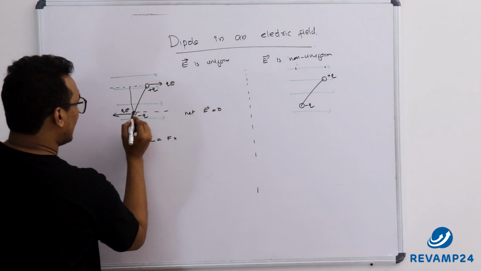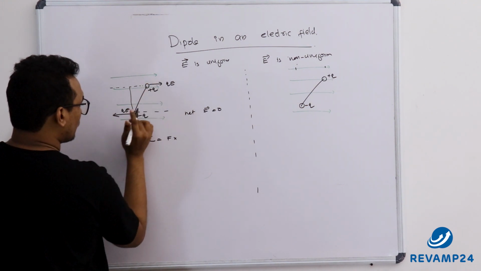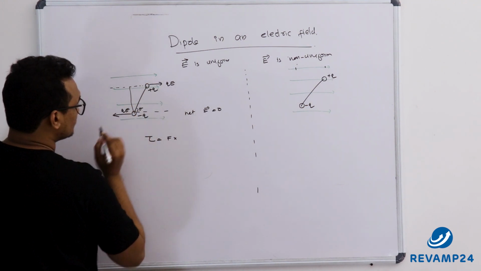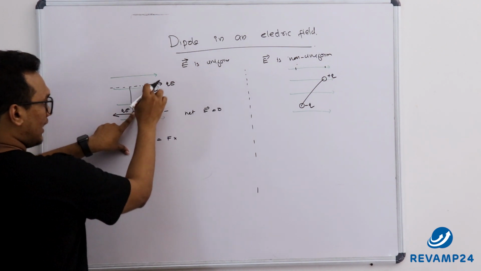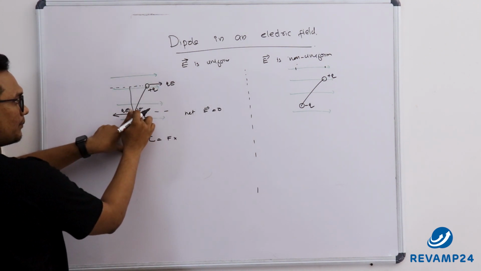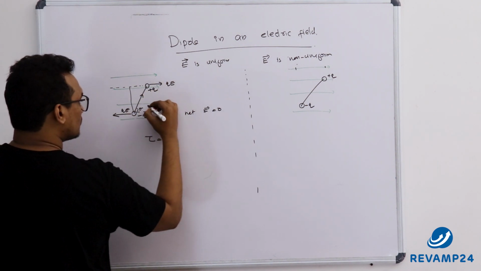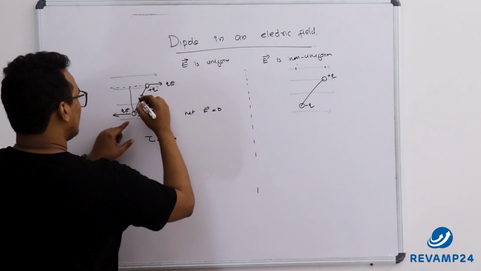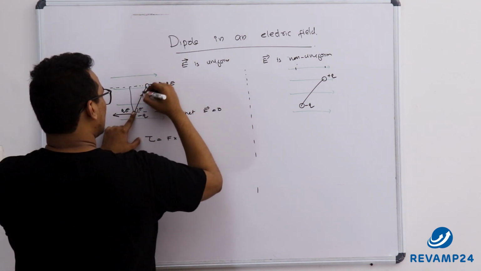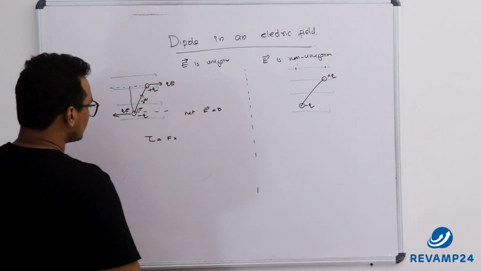Let's say the angle between E and the dipole moment, which goes from minus Q to plus Q, is theta. Then we can easily get the value of this. We know that the distance between the charges in a dipole is 2a.